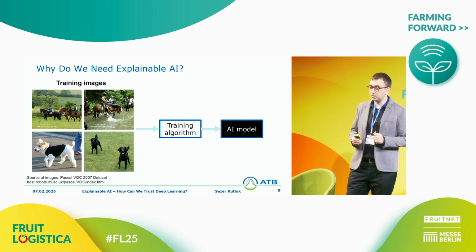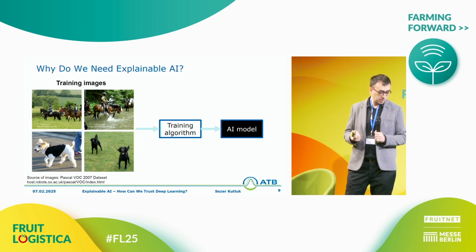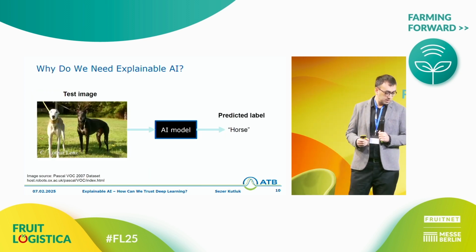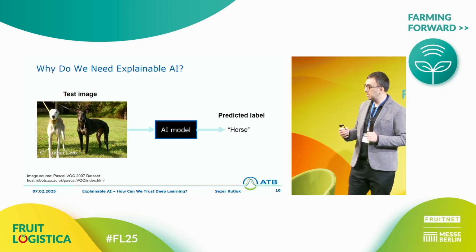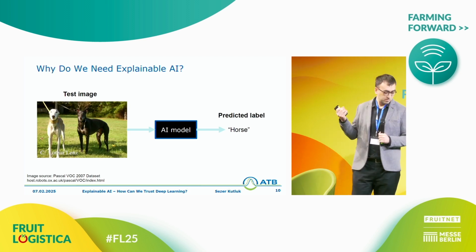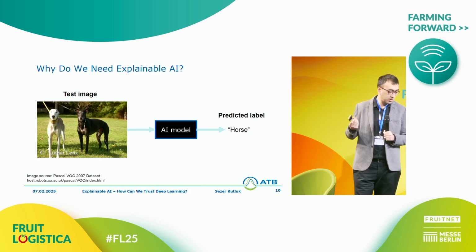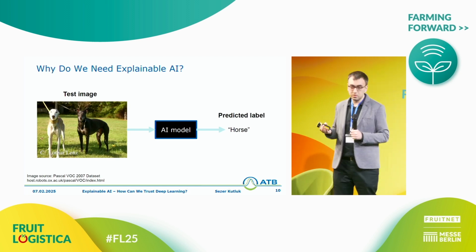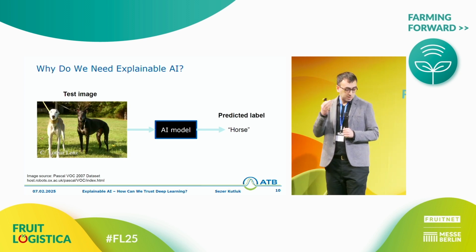And we train our AI model, and we have the black box. And we want to make a prediction for this image. But our AI model says it's a horse. We need to understand why, because we have the black box model. We don't know what caused this misclassification.